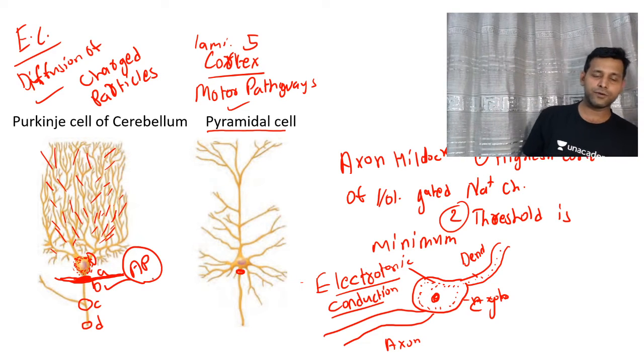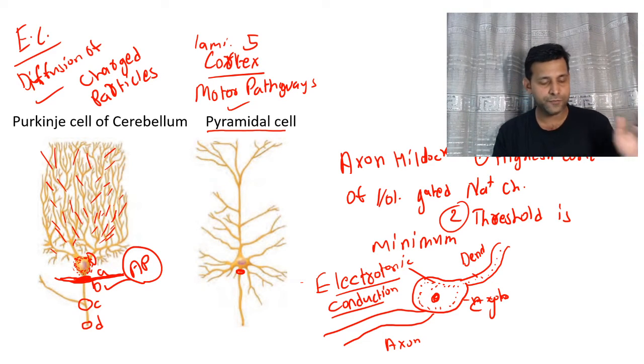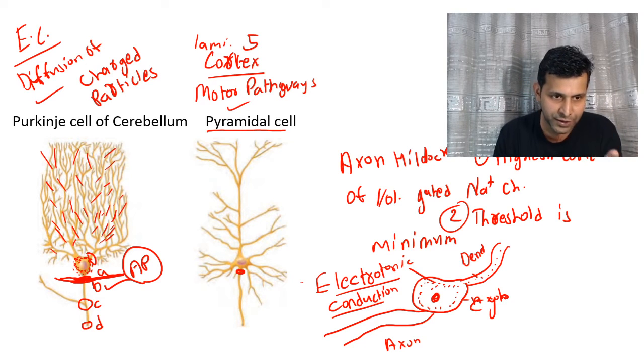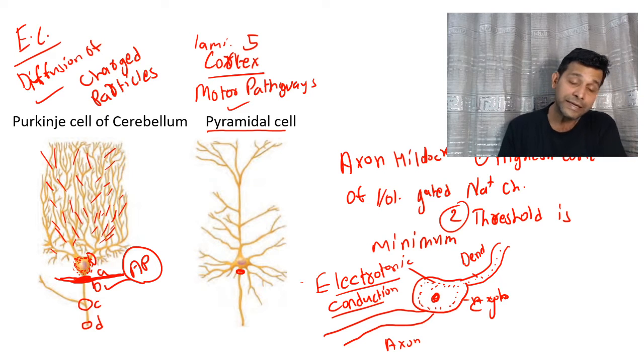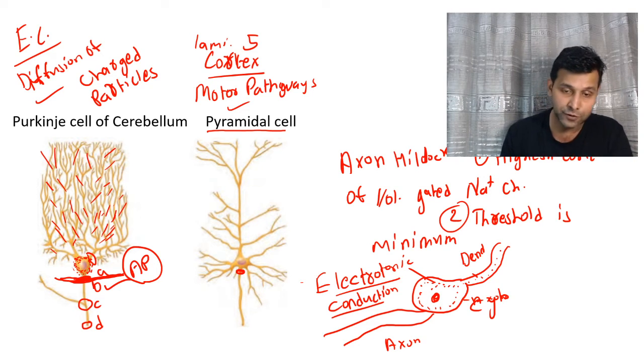This is the advantage of having a large number of connections before giving an impulse. Before passing on an impulse to the axon, at the cyton level it is decided whether this AP has to be generated or not. This is the very beautiful thing here.